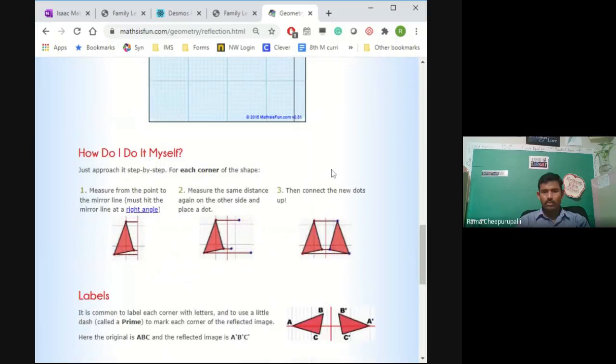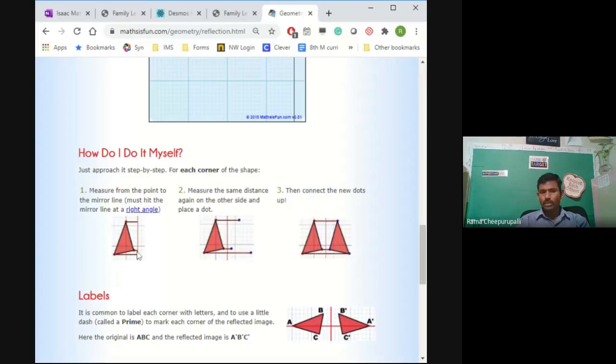And I want you guys to look at this one right now. When a triangle is given to you, how do I reflect it? Step one, first look at this triangle and draw the line, either the y-axis or x-axis, whichever line you're reflecting over. Let's say here is 5 units, then I'll use 5 units on this side.